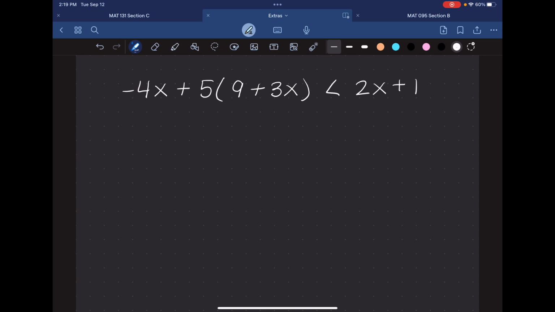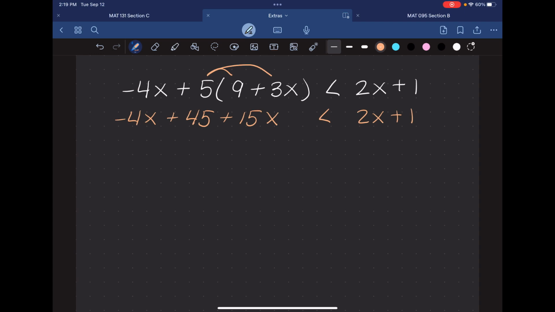So we're going to start by simplifying the left-hand side. So just focus on this part and simplify that first. Well, to simplify that, we would have to distribute the 5. So we've got negative 4x plus 45 plus 15x. And then we have less than 2x plus 1. The 2x plus 1 is already simplified, so we're just going to have it kind of hang out.